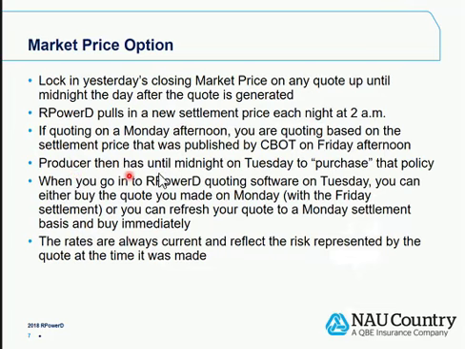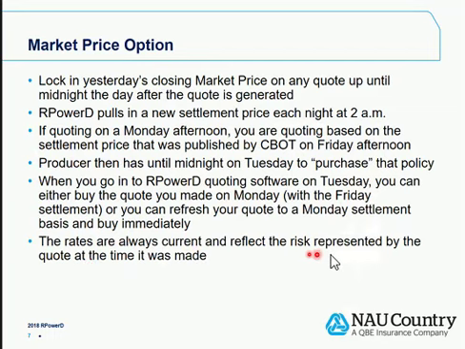In addition to that, the producer then has until midnight on Tuesday to purchase that policy. When you go to the quoting software on Tuesday, you can either buy the quote you made on Monday with the price of Friday settlement, or you can refresh your quote on Monday and buy the Monday settlement price. So you get kind of two whacks at it when you get past the weekend on Monday and Tuesday.